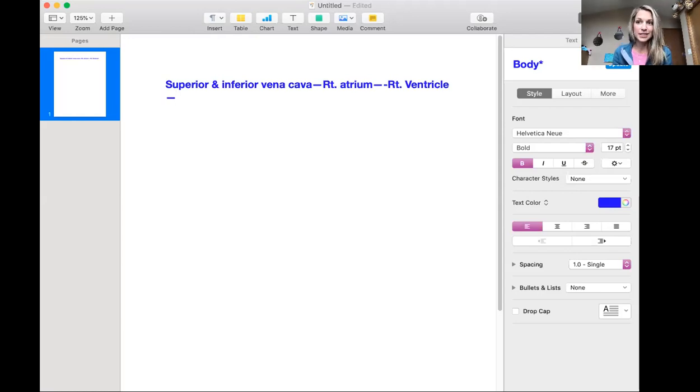We're using blue here. So blood has to go to the lungs to get oxygen. So it goes away from the heart. So it is the pulmonary, it's going to lungs, and away is artery. And it goes through the right and the left pulmonary artery. It goes to the lungs, and then it comes back to the heart through the pulmonary veins.